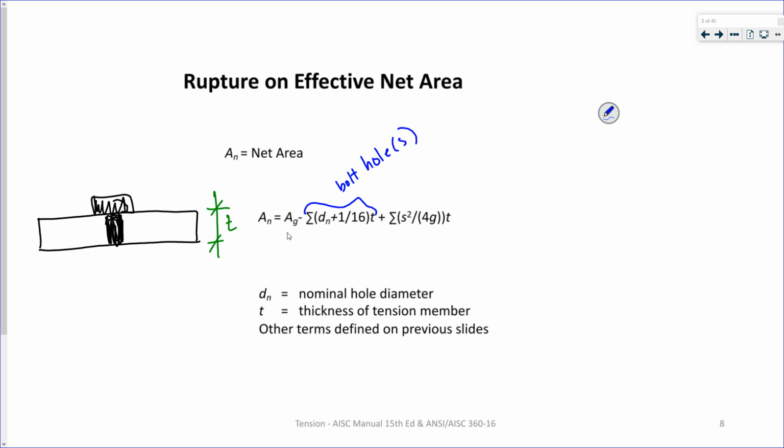Then this is where we add back in if we have staggered diagonal holes. According to chapter B, you get to add back in a little bit of length, right? This is the length, and then again times the thickness.